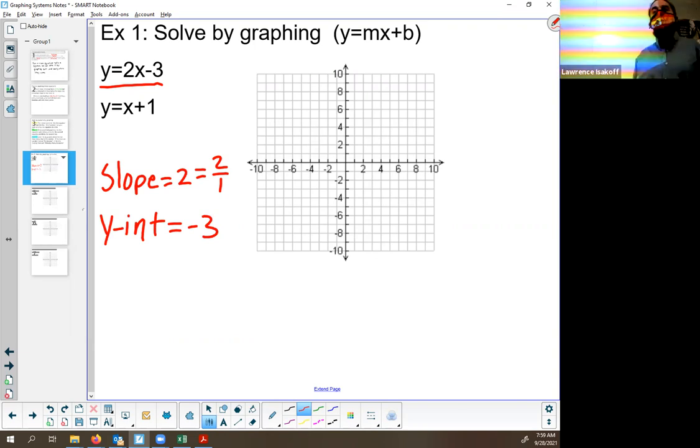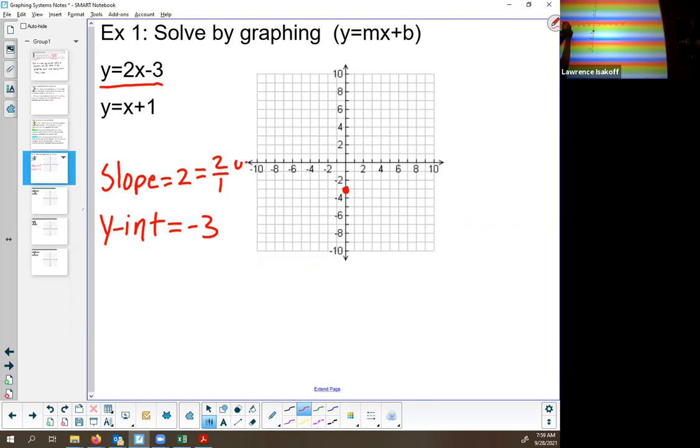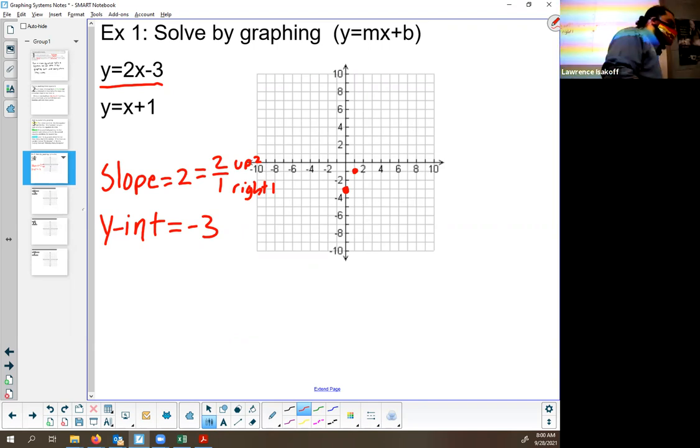So here's what you guys can do on Cami. -3 is my y-intercept. So at -3, put it down. Then my slope tells me up 2, right 1. So I can go up 2 and right 1 and create a second point.